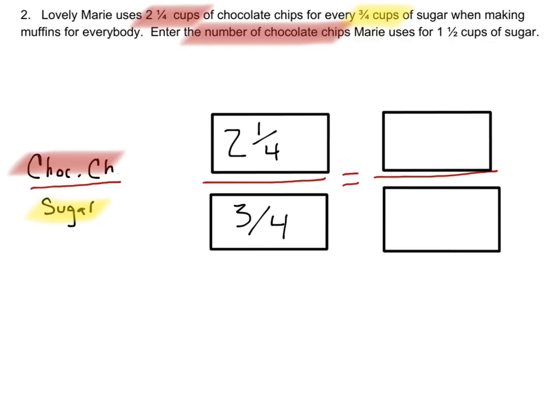That's my x, over, what are we trying to figure out? 1 1/2 cups of sugar. So here we're going to cross multiply. I'm going to let you guys try and do that on your own.